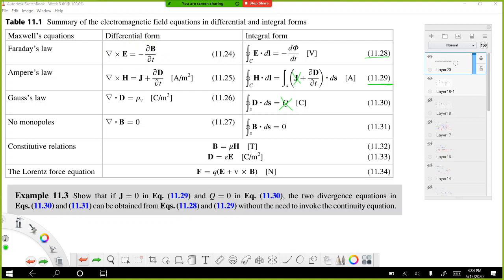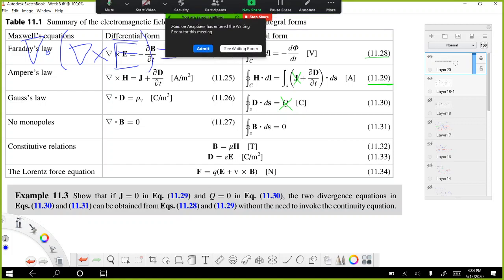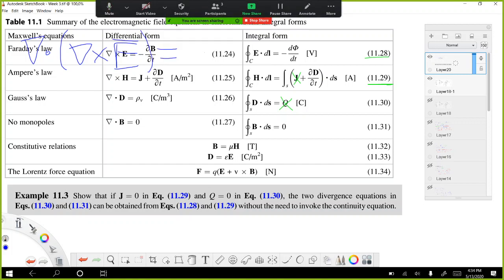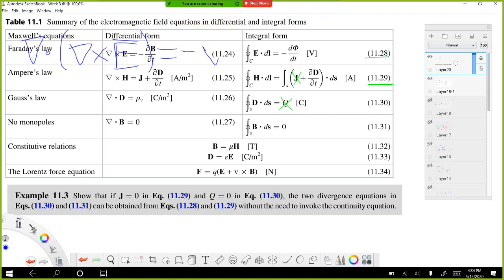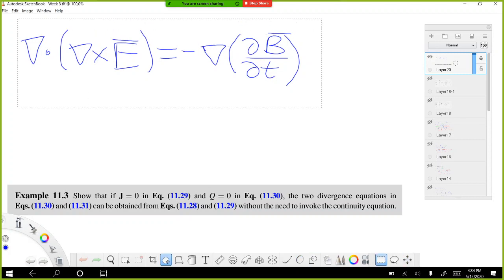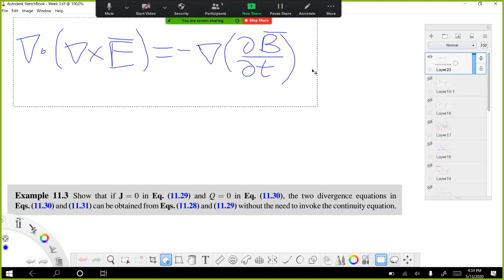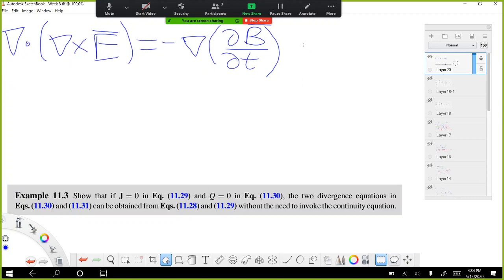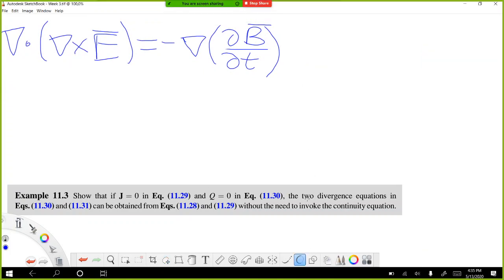What we have is the divergence of the electric field E curl, equal to minus the divergence of dB/dt.